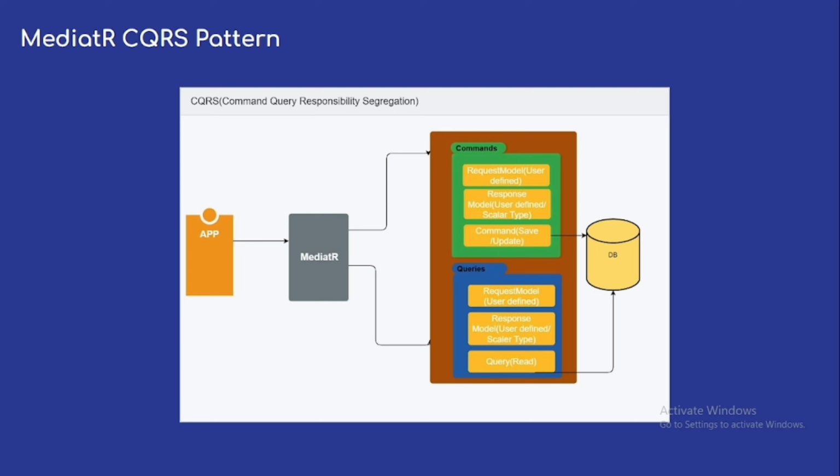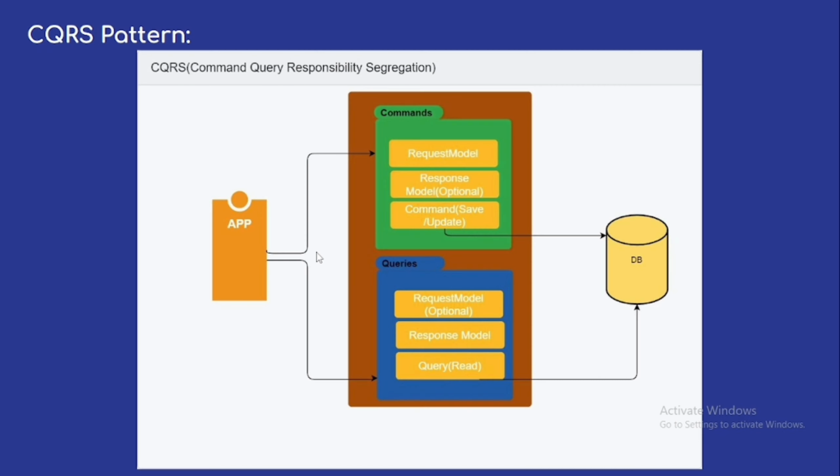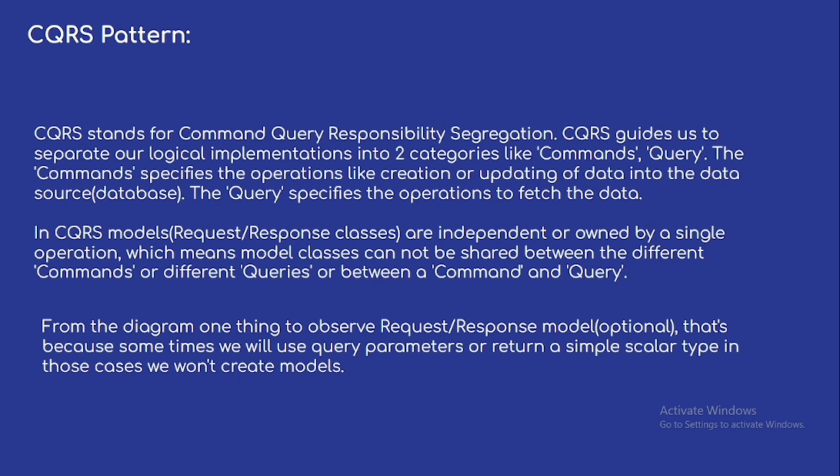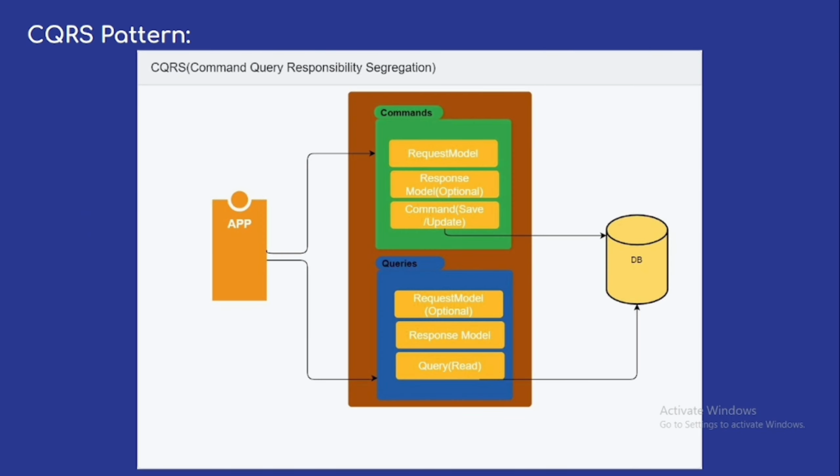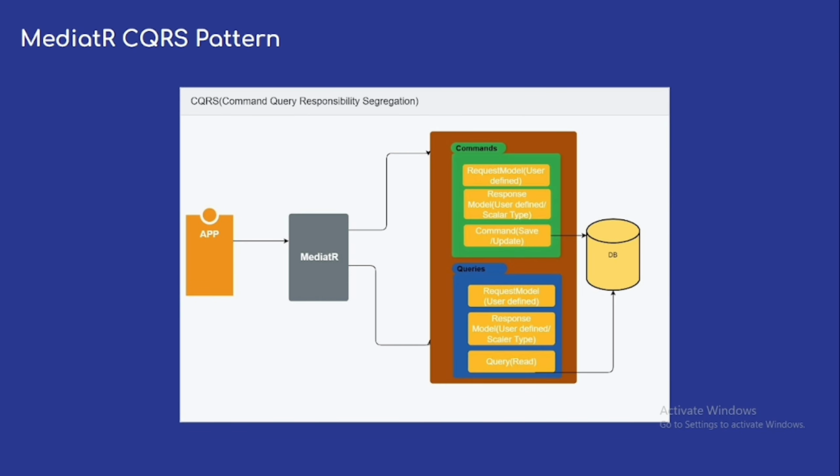But the CQRS pattern is more famous and recommended when used along with a mediator. If you observe here, there is a mediator in the diagram. Previously, without the mediator, this was our diagrammatic representation. With the mediator, our diagram looks like this.